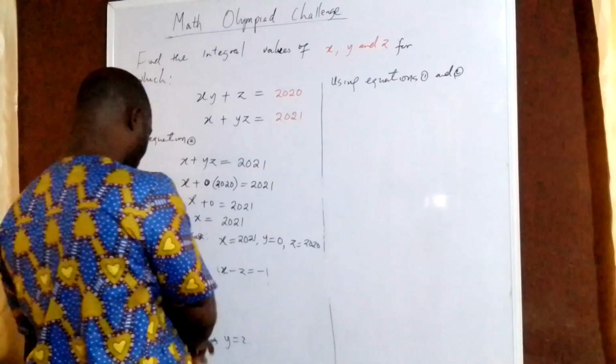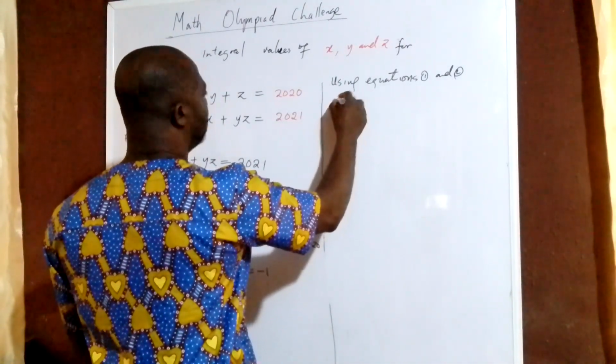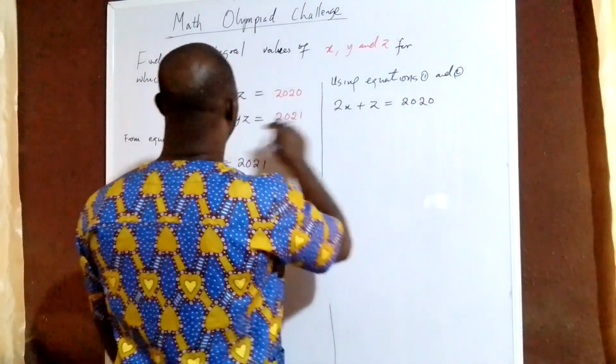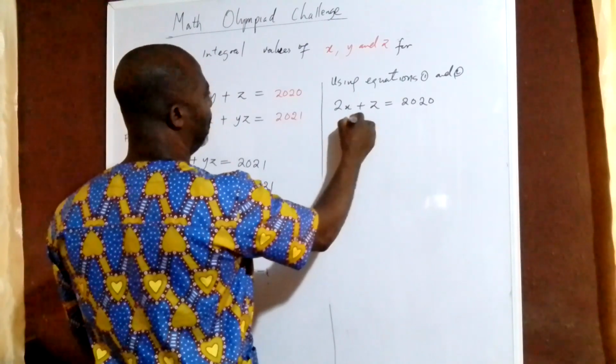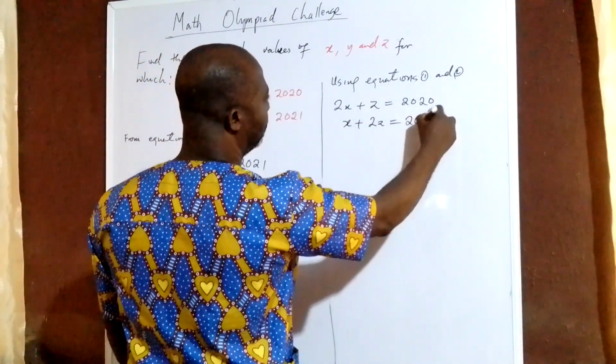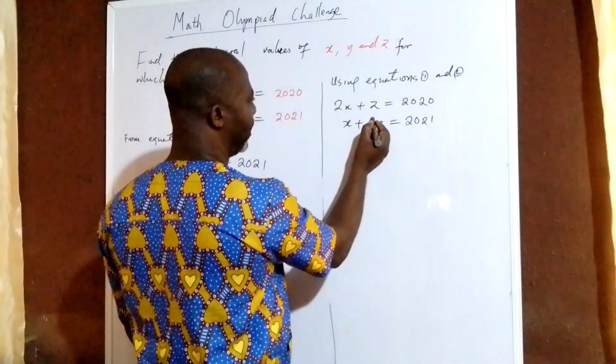So equation 1, since y equal to 2, becomes 2x plus z equal to 2020, and then x plus 2z equal to 2021. So what I'm going to do now is to eliminate z.